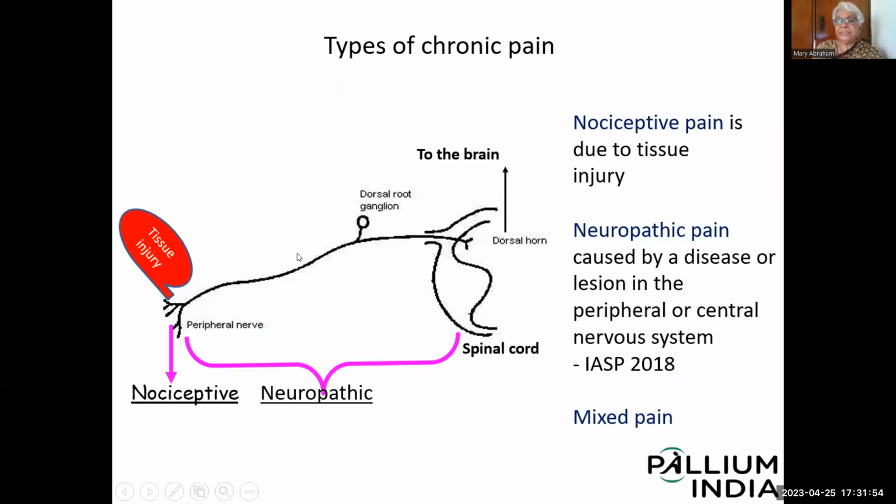Any lesion in any of these parts will cause a neuropathy. And that is a definition given in 2018 by the IASP. But cancer pain is not either nociceptive or neuropathic. It can very often have a combination of both. That is why it's very important to know not only the severity of pain, to know which drug you give, but also the type of pain, because then you have to add other drugs.